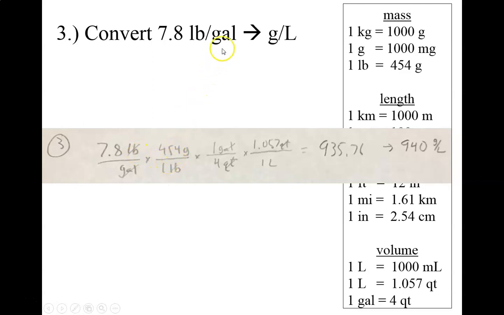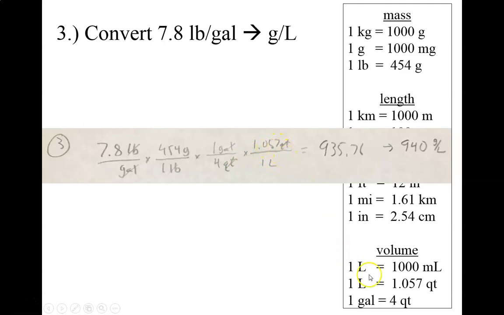Now I want to convert gallons to liters. I've got gallons down here. I know that 1 gallon equals 4 quarts. Since gallons is down here and I want to cancel it, I need my gallon to be up here, and that'll cancel out. Then I need to convert from quarts to liters.